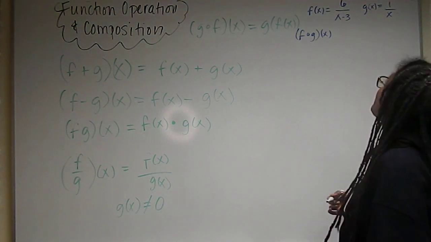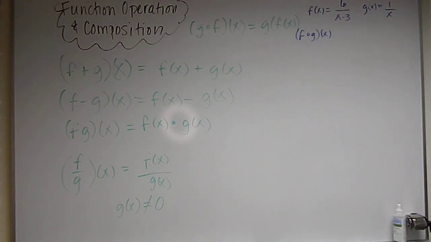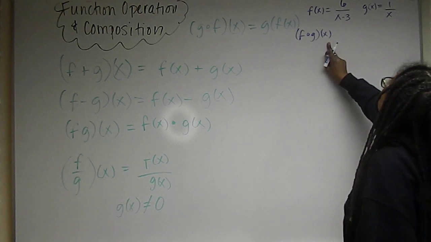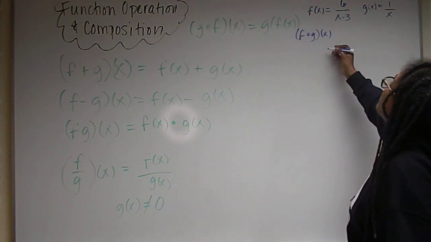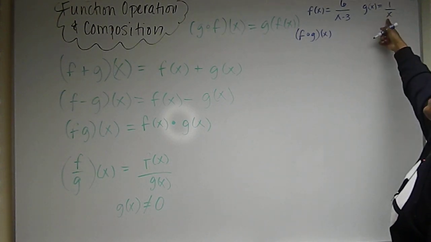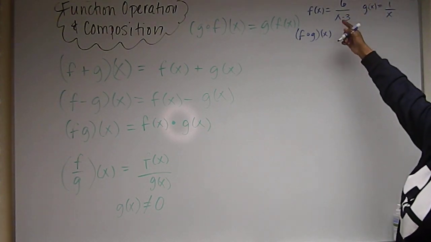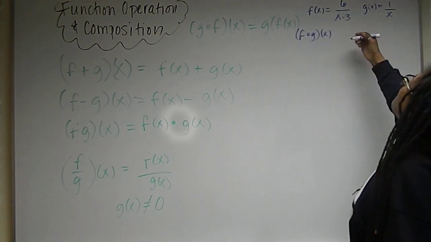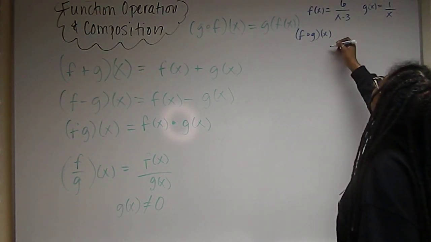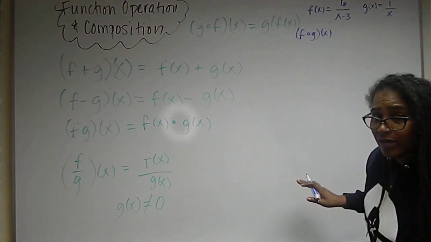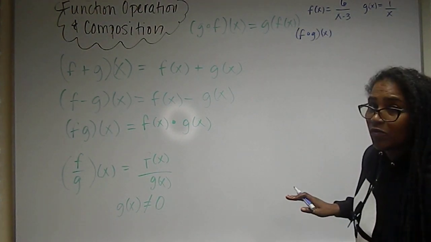All right. So g of x is what? G of x is equal to 1 over x. So we're going to put that inside here. Because rules are rules.